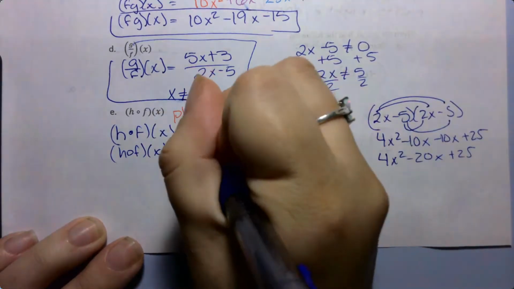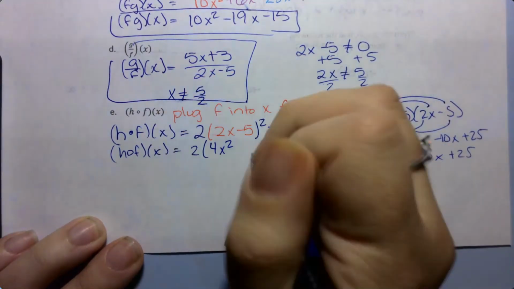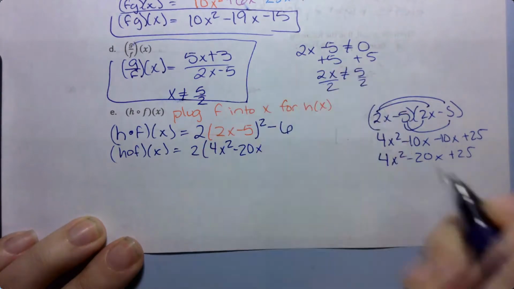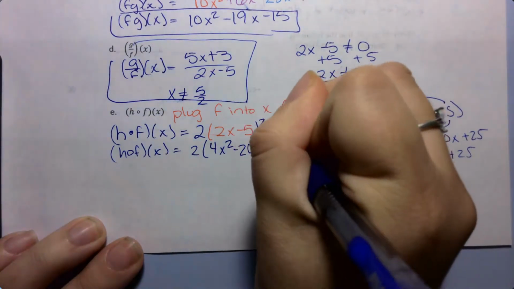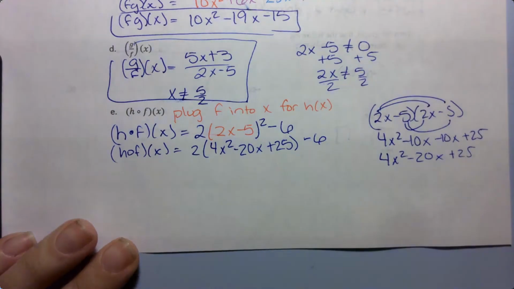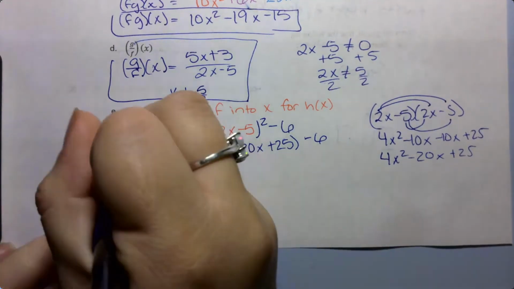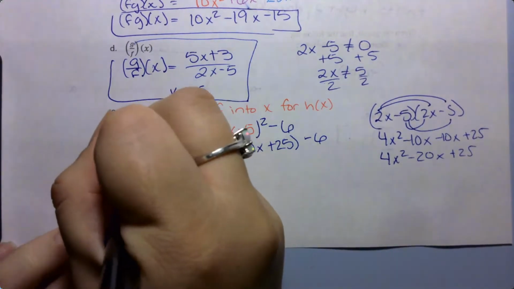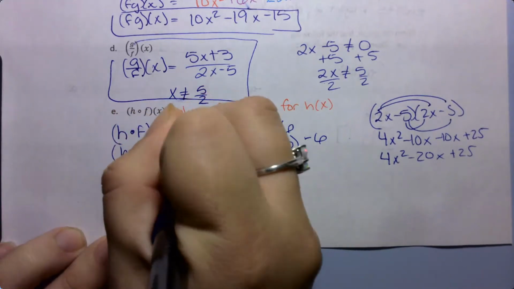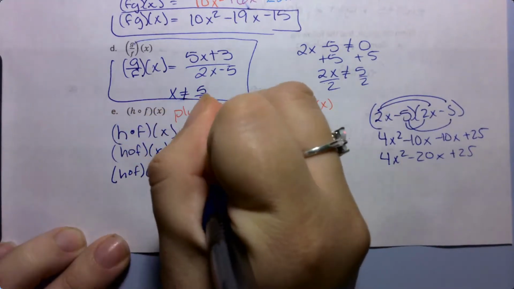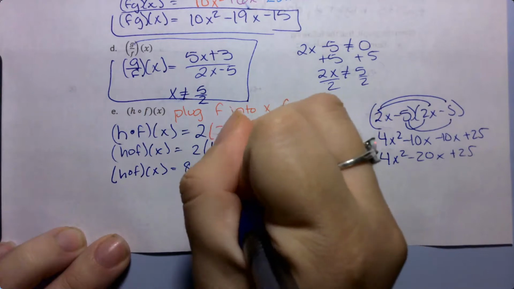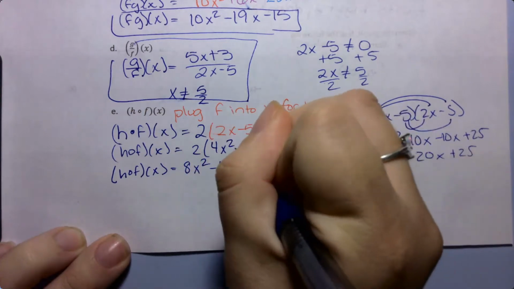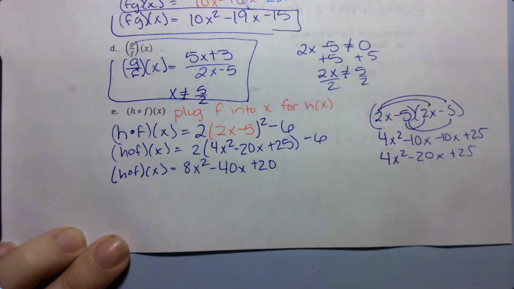So then I'm going to replace that on my inside. And then I still have this minus 6 at the end. So I want to go ahead and distribute that 2. That is going to give me 8x squared minus 40x plus, not 20, 50.